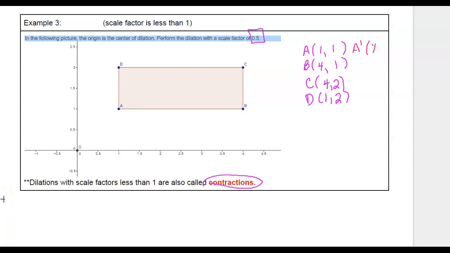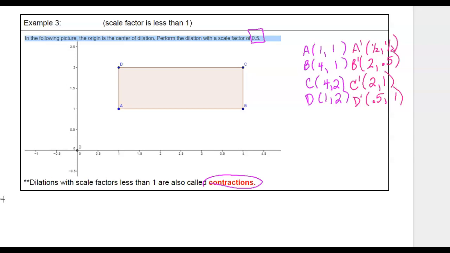So I get half, half, half of 4, half of 1. I'll go ahead and put the decimal. Half of 4, half of 1. I'm sorry, half of 2. And then D is half of 1 and half of 2.